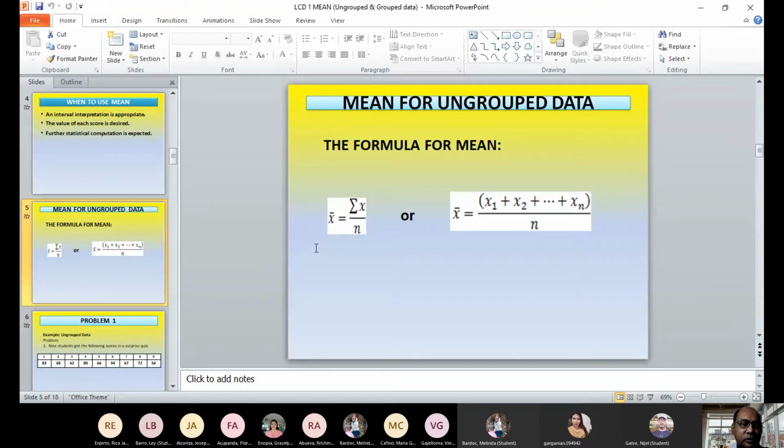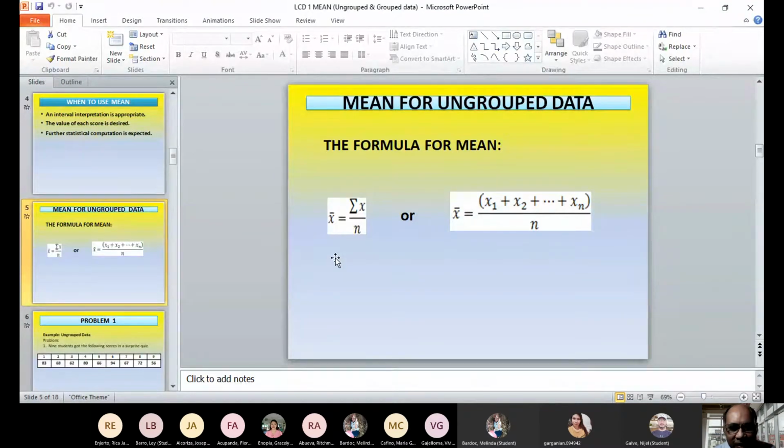Now, for the symbols of the mean, actually there are two symbols. One is the barred X, or X bar. The other one is mu. Mu is a Greek letter from the Greek alphabet that looks like a U with a tail on one side.